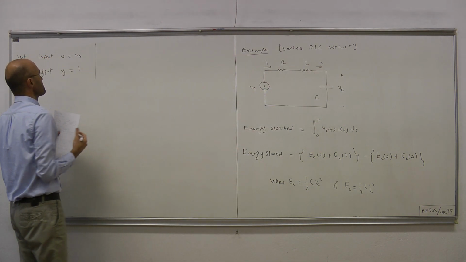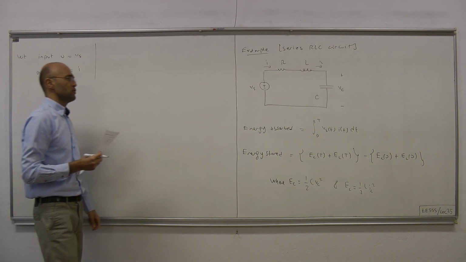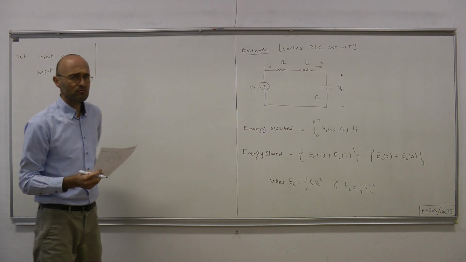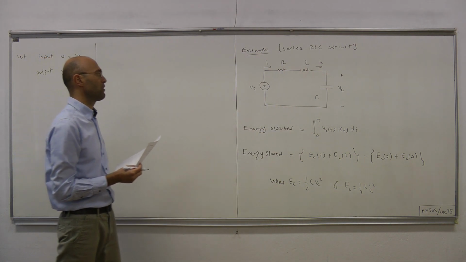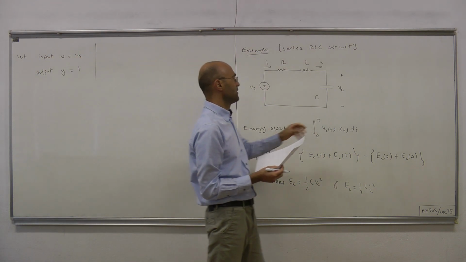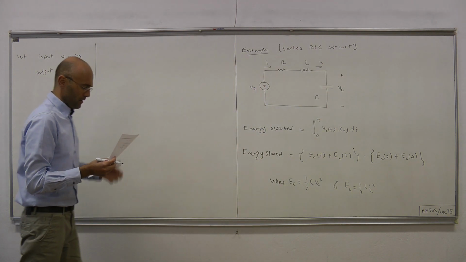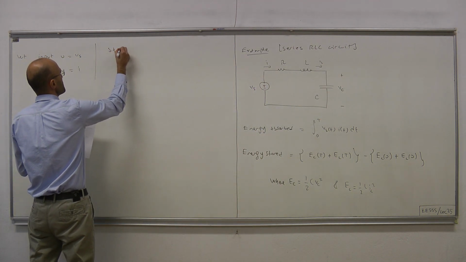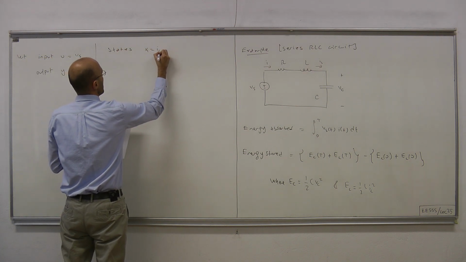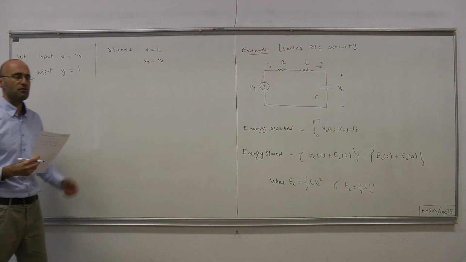For this system, let's obtain a model. When we have a physical system, it's usually meaningful to work with physically meaningful state variables, and in this case the best candidates seem to be the capacitor voltage and the inductor current. So let's choose our states as x1 equal to I_L and the second state variable x2 as the capacitor voltage V_C.